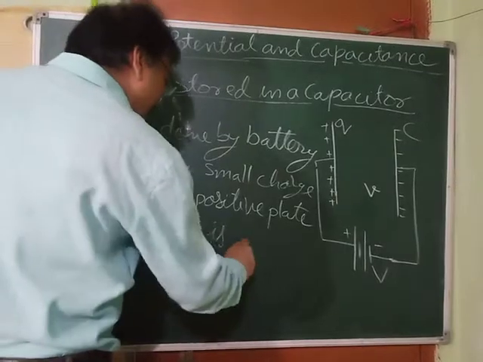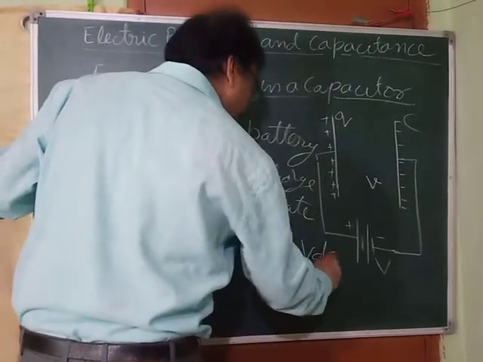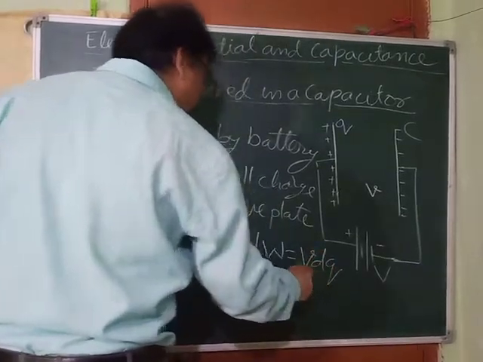Obviously it is dW is equals to v dq, because the potential difference is v.